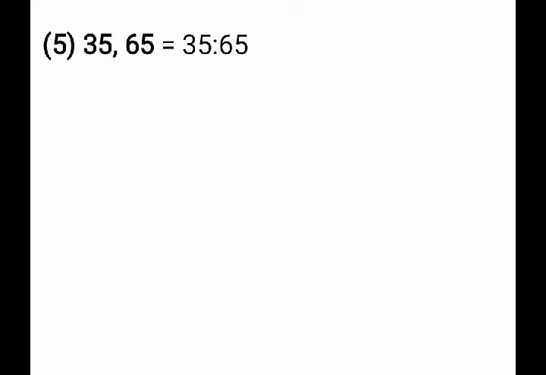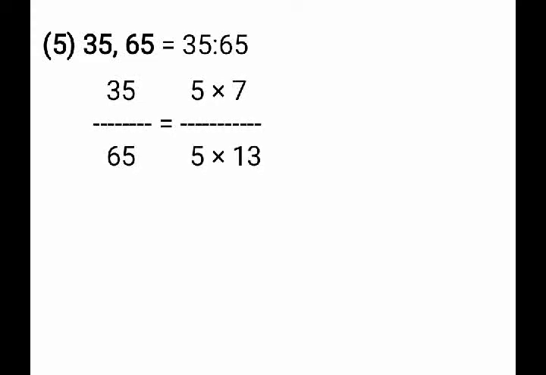Now you have to write the fraction form of 35 and 65. That is 35 upon 65. Number 35 and number 65 is going 5 table. 5 sevens are 35 upon 5 13s are 65.